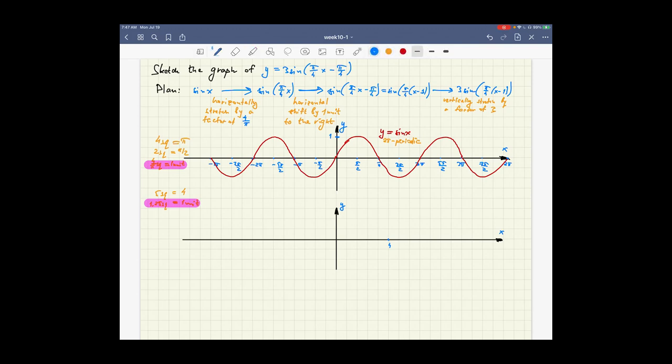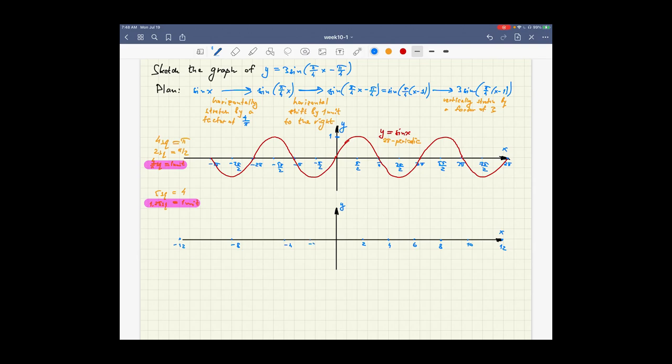So then this will be 8, and 5 more squares will be 12. So this then will be 2, this will be 6, this will be 10, this will be negative 4, this will be negative 8, this will be negative 12.